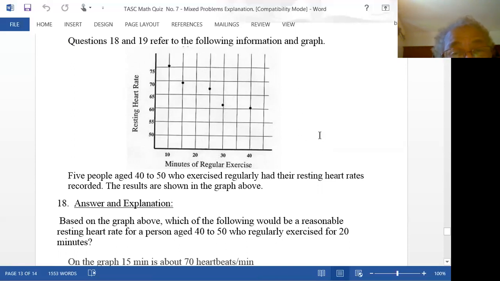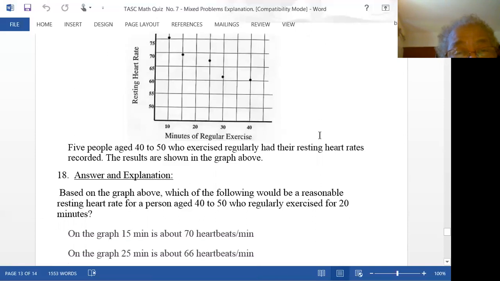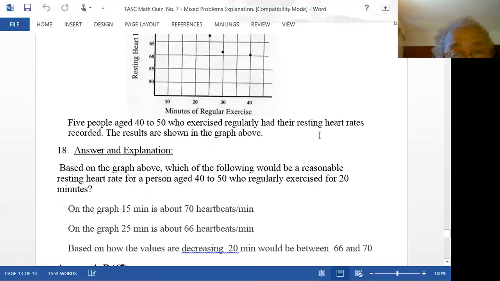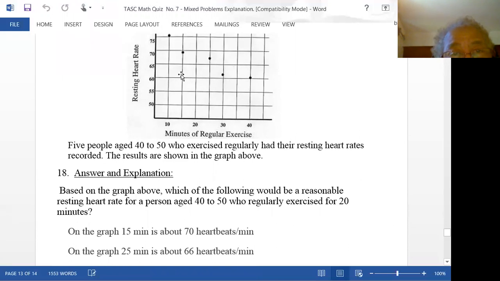Now, the first question they ask you is, what would you expect the resting heart rate to be for 20 minutes? Now, on the graph, you see it's coming down, right? So at about 15 minutes, if you look on the graph, it's about 70.